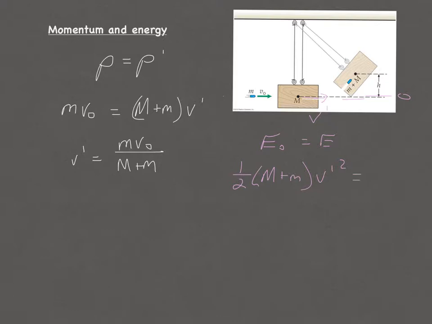And that is going to be changed to MGH, to all potential when it stops at its highest point. Now, one nice thing in the energy expression is that as long as there is no spring involved, the masses usually cancel out. Don't hold me 100% to that, but from experience I've noticed that as long as there's no spring, those masses will cancel out.